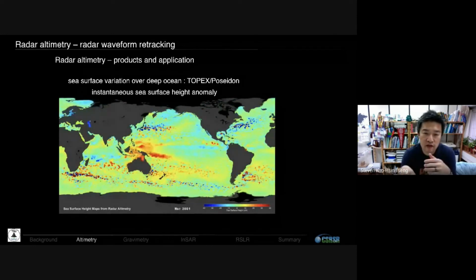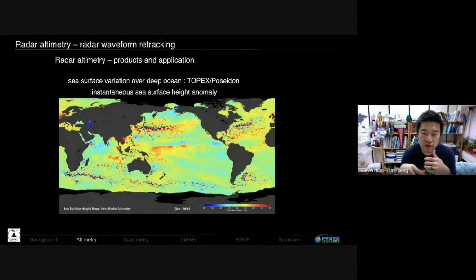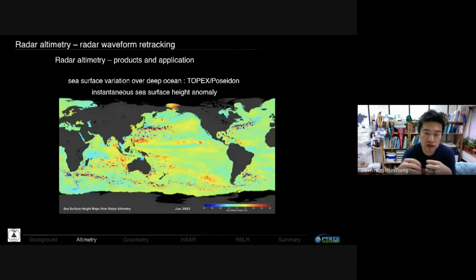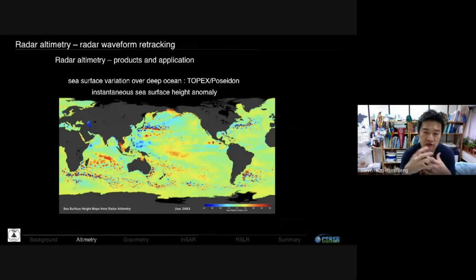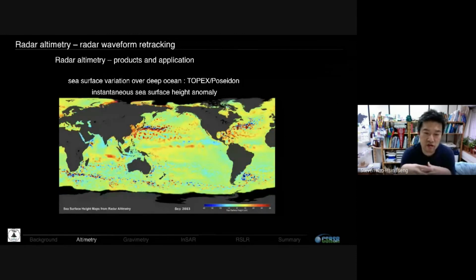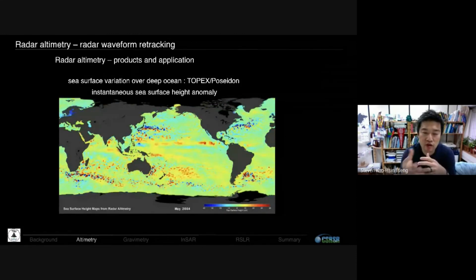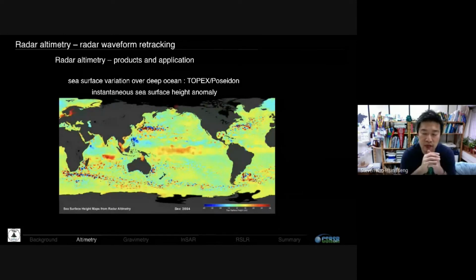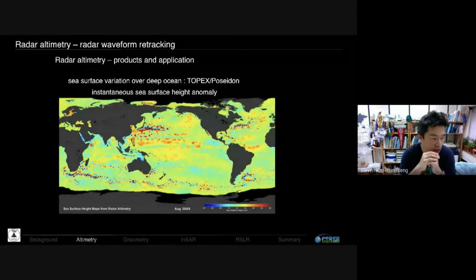If we have a reverse sign, with a less expanded sea surface, we call that La Nina. You probably know this global climate pattern. We have a periodical pattern.